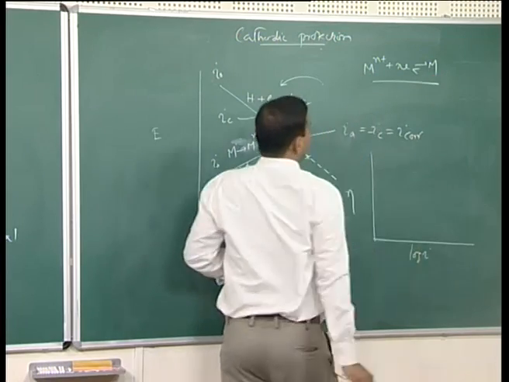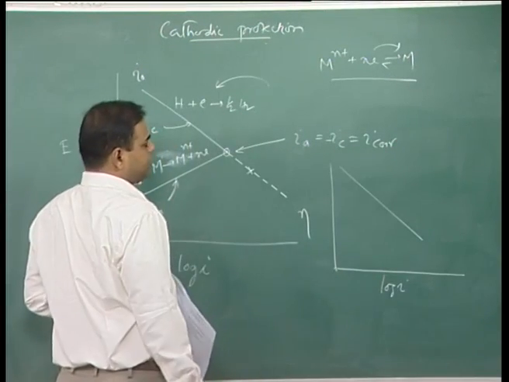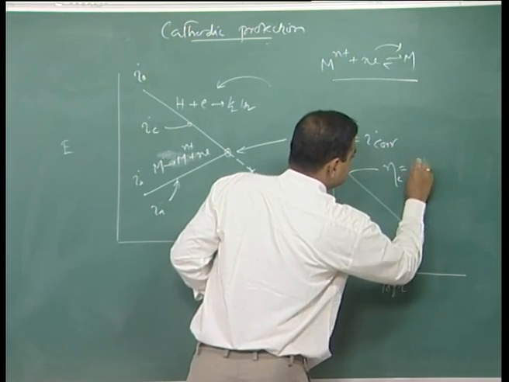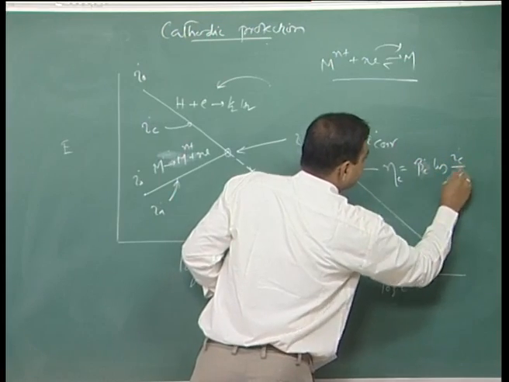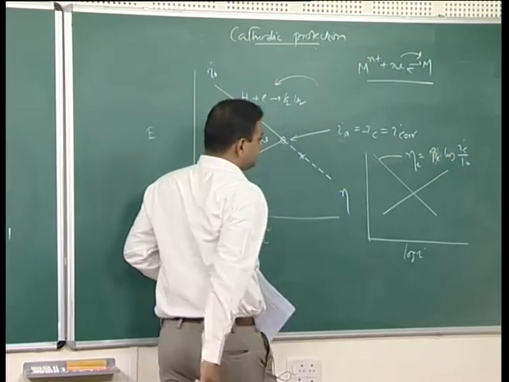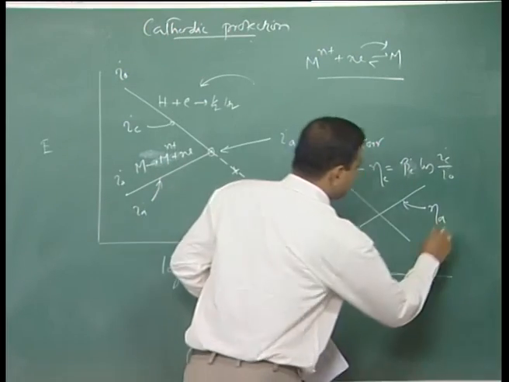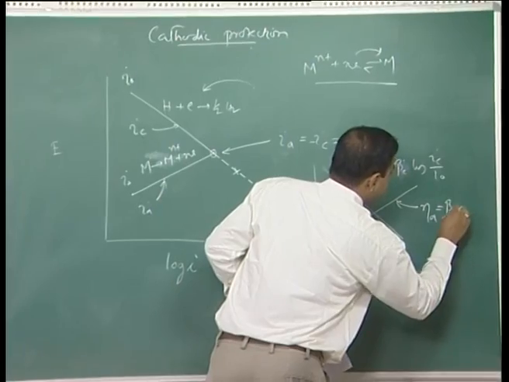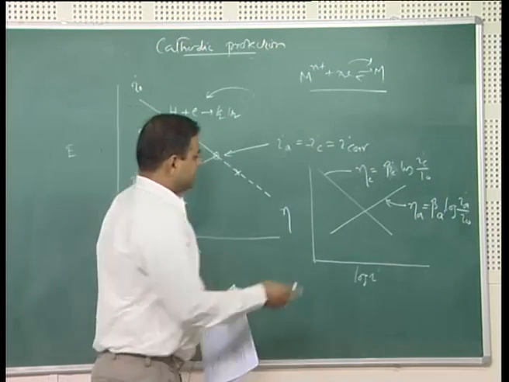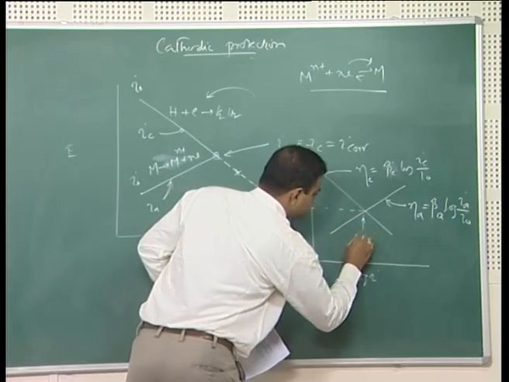This reaction, if we consider the cathodic one, this is my cathodic reaction polarization line, which is cathodic over voltage equal to beta C log of I C by I 0, and correspondingly if we consider the reverse polarization, it is my anodic over voltage equal to beta A log of I A by I 0, and this is my 0 over voltage, and this corresponds to I 0.